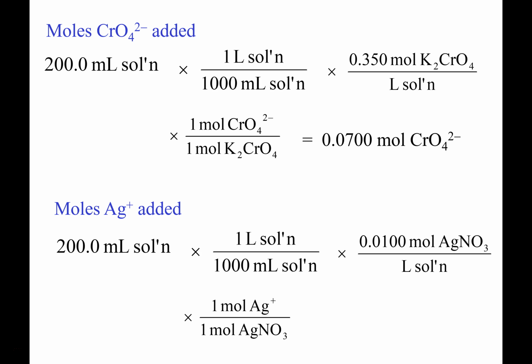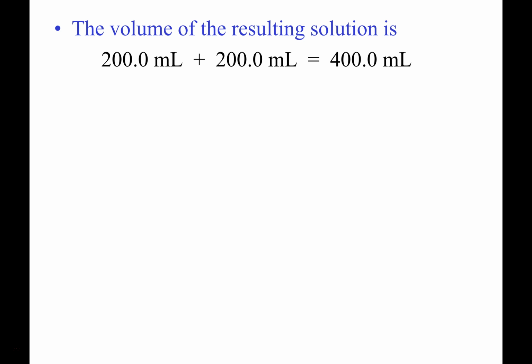So with 3 sig figs, the moles of silver in that 400 milliliters is 0.00200 moles of Ag+. So, yep, the total volume is 400 milliliters because we had 200 from each of our solutions. This is why I think it helps if you draw a picture.